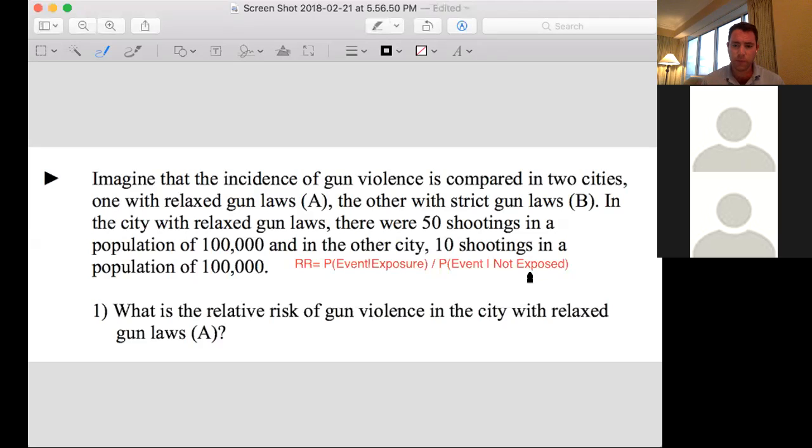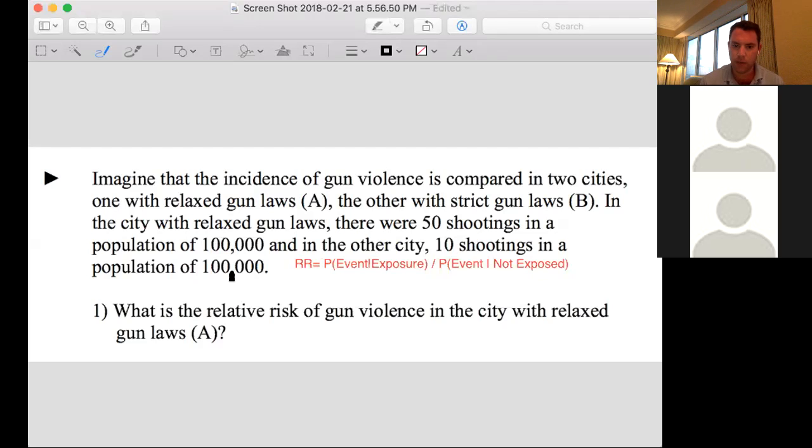Don't get too confused by all the math here, because actually what we can look at is 50 divided by 100,000 over 10 over 100,000. And because you have the same denominator, 100,000 in both of these two cities, you don't have to worry about it. So it actually just simplifies to 50 divided by 10 is what your relative risk is.